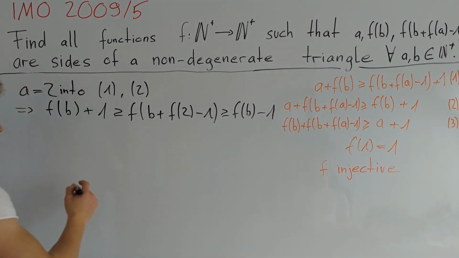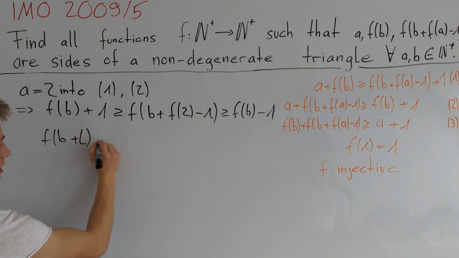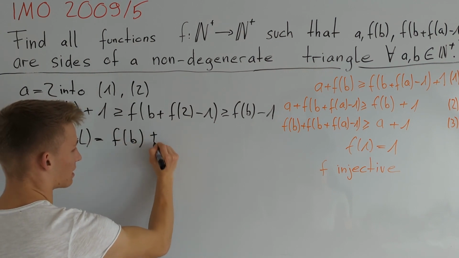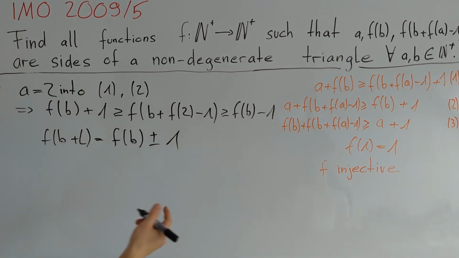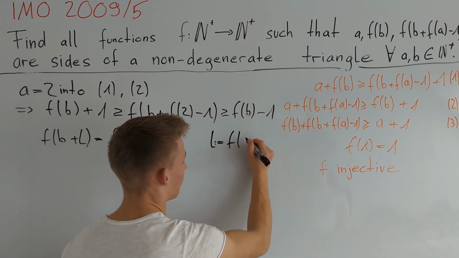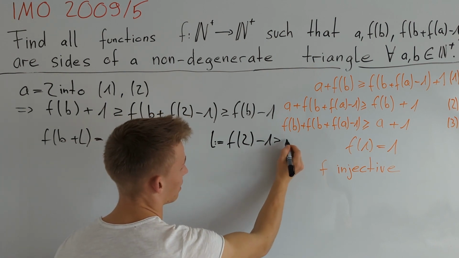So let's write down that f of b plus l is equal to f of b plus minus 1, and here we want l to be equal to f of 2 minus 1, and we know that this is greater than 0.